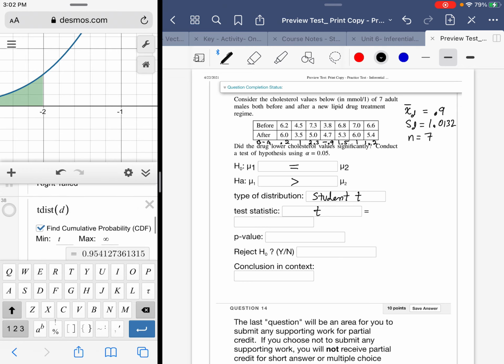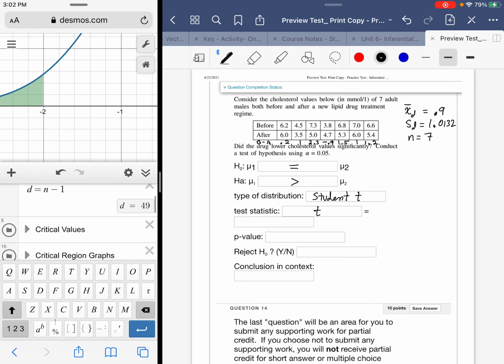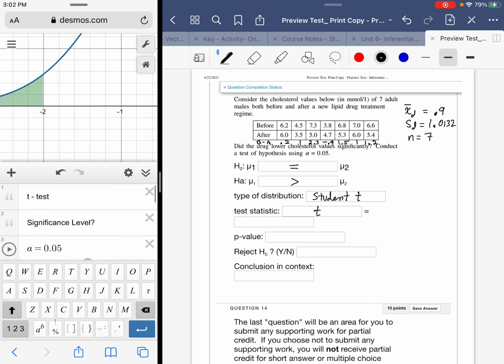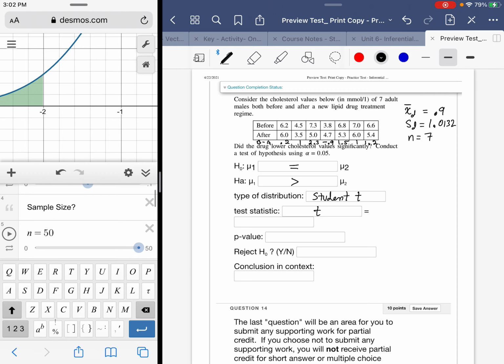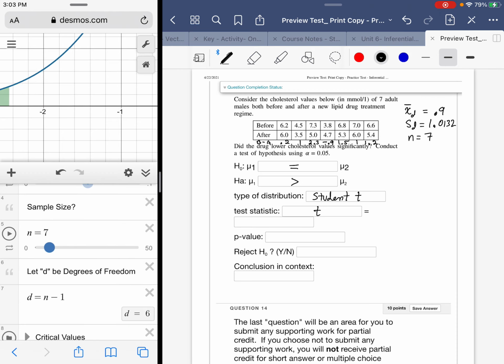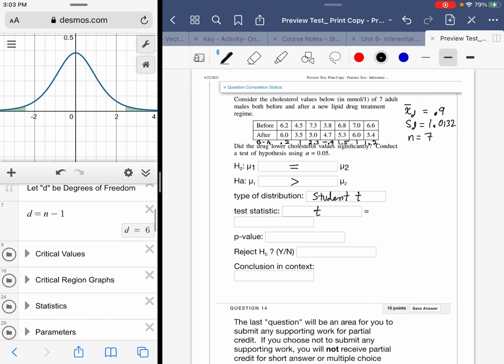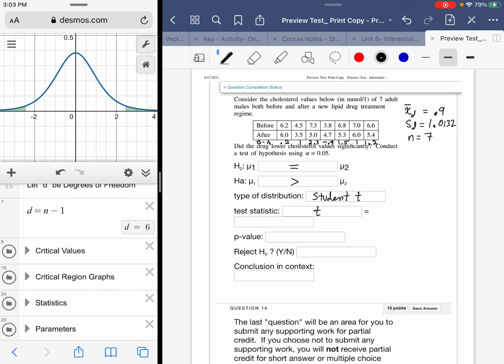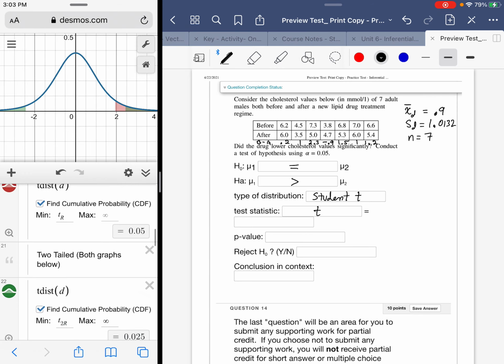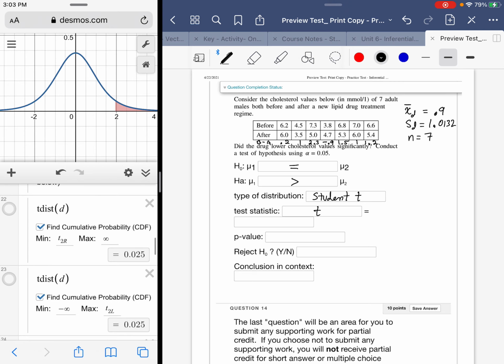All right, so we're going to hang on to this information and start right at the top with our t-test calculator. Alpha, they said 0.05, that's the default, so that's good. n is 7, so I'm going to pop in a 7 here. I'm going to trim my calculator a little bit. Critical values, not asked for critical values, just the p-value, but my critical region should be right-tailed, not two-tailed, so let me just fix that.